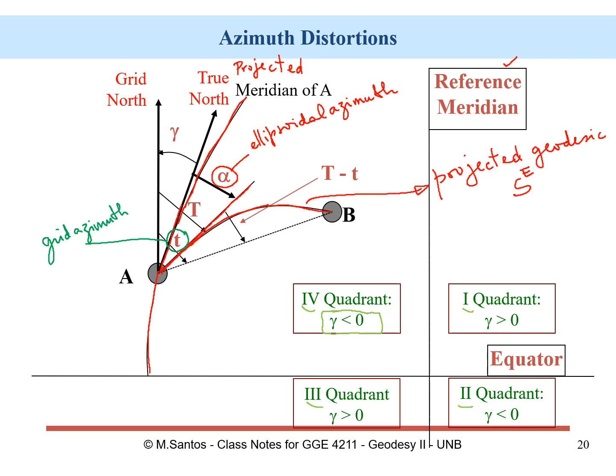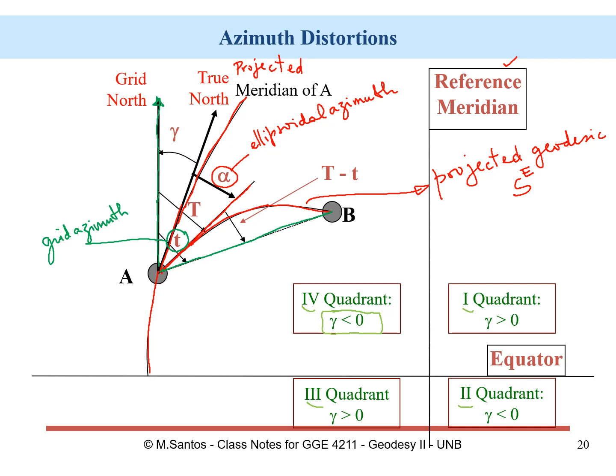The grid azimuth is going to be the azimuth formed from the direction to the grid north and the direction between points A and B as a straight line, the shortest distance on the mapping plane.